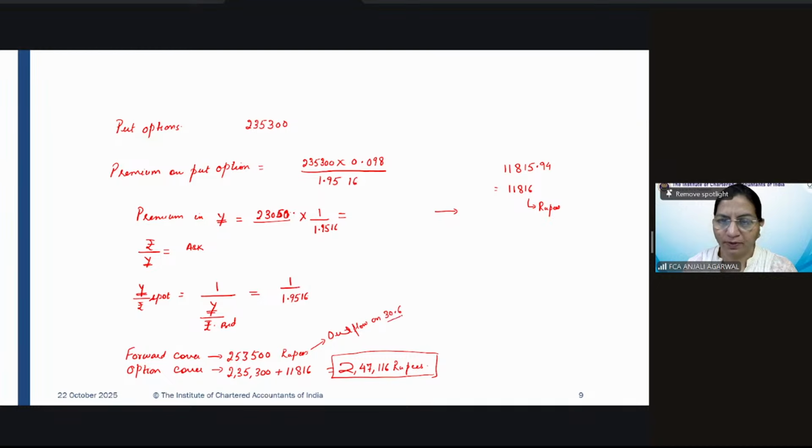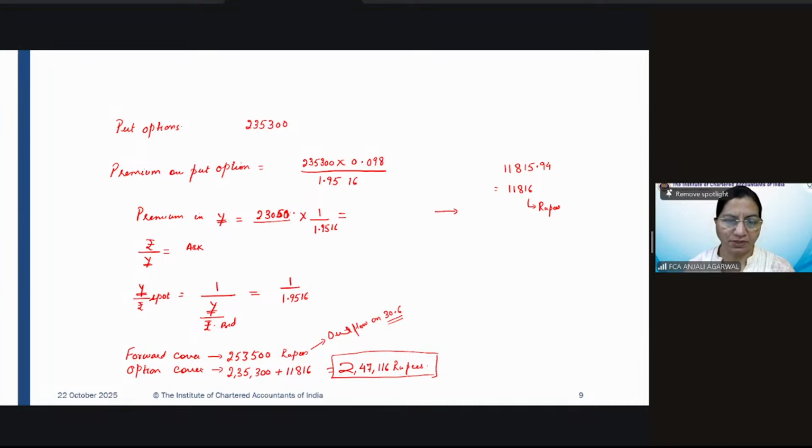No doubt about it. Why? Because under the forward cover, there is no forward premium you are paying right away. All that you pay is after 3 months. So today is 1st April, and the Japanese yen payable has to be made on 30th June. So under the forward cover, 253,500 will be paid on 30th June.